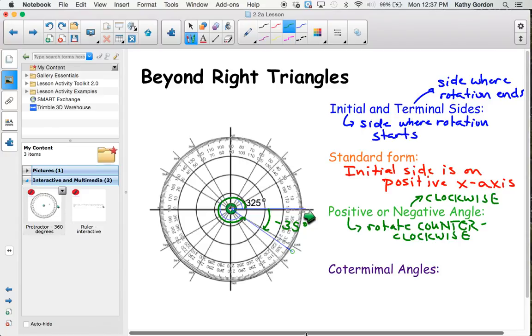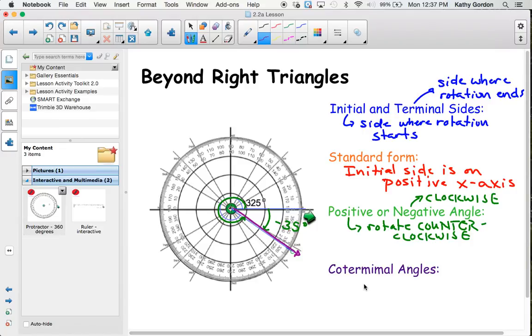So in this case, the positive 325 angle that I could have created by going counterclockwise, and the negative 35-degree angle that I created by going clockwise, those two angles are coterminal because they both have this as their terminal side.